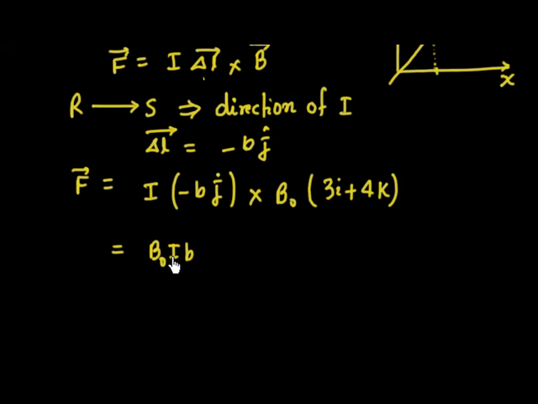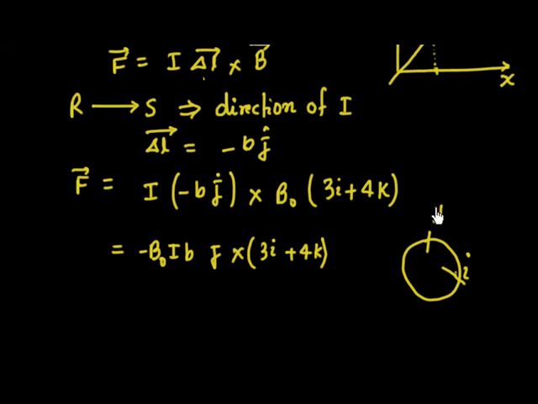These are common things, I can take them outside, with a minus, and I will have j cross (3i plus 4k). Now you have to have i cross j cross k. So this is my i, and this is my j, and this is my k.